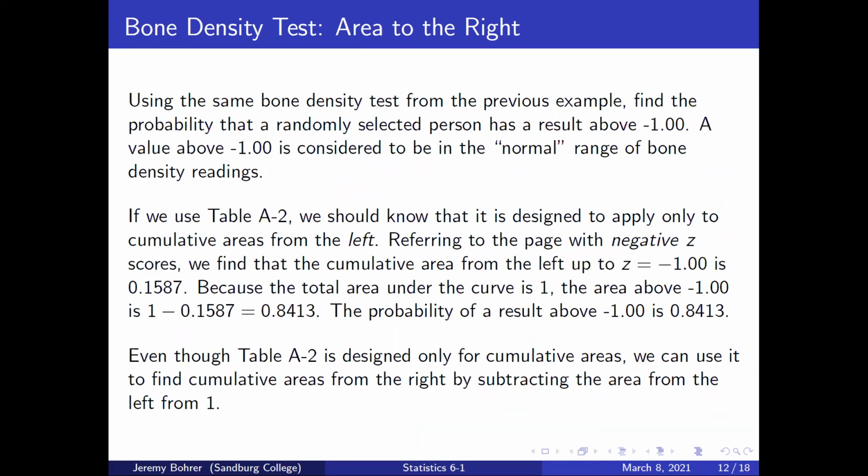Referring to the page with negative z-scores, we find the cumulative area from the left up to z equals -1 is 0.1587. Because the total area under the curve is 1, the area above -1 is 1 minus 0.1587 equals 0.8413. The probability of a result above -1 is 0.8413.